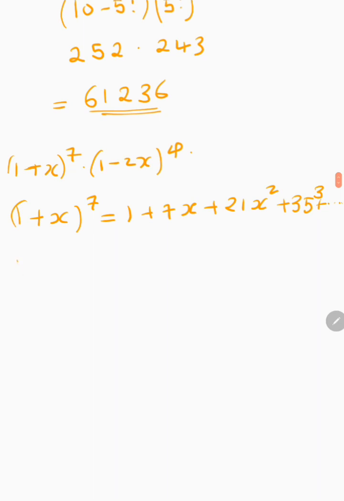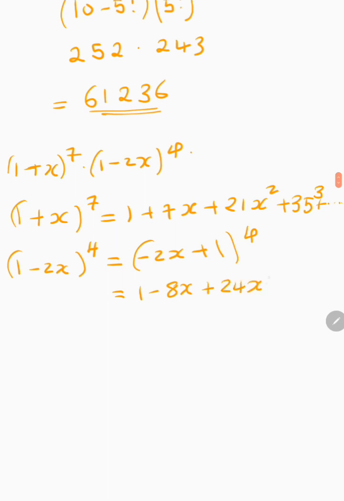Then for (1 - 2x)^4, this one you can rewrite as (-2x + 1), so that it comes in the form of the general form to the power 4, and this should give you 1 - 8x + 24x squared - 32x cubed plus dot dot.